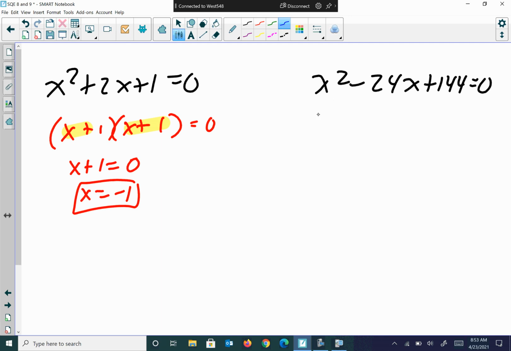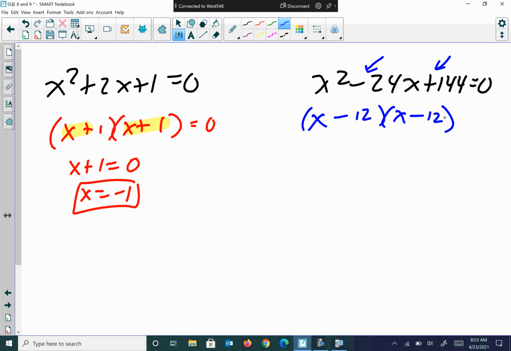All right, so this one we're going to do the same way. I can still do the x and the x because I have a 1x squared. I know that both signs have to be negative because in order to get a positive number here and a negative number here, they're the same sign. So negative 12 and negative 12. 12 times 12 is 144, agree?